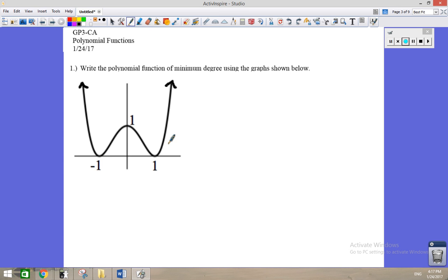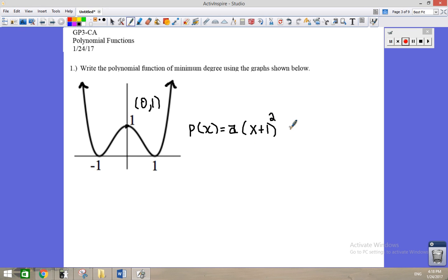So for this one, again, this y-intercept has coordinates (0, 1). I'll call it p of x since it's a polynomial function. I'll use the y-intercept to help me determine what a is. It has an x-intercept at -1, but in factored form that's x plus 1. Since it's doing a touch and turn, I need this multiplicity to be an even number.